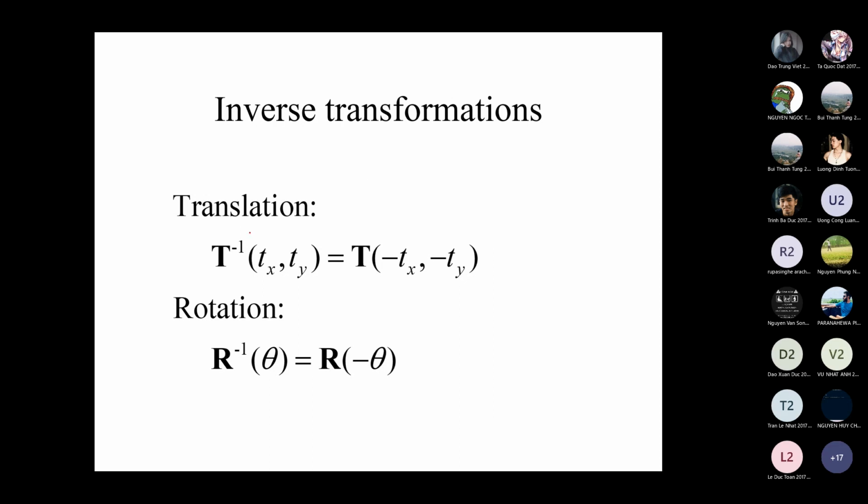The inverse transformation is set by the inverse matrix, minus 1. We have the form of the transformation of minus tx and minus ty. And for rotation, it is minus theta.